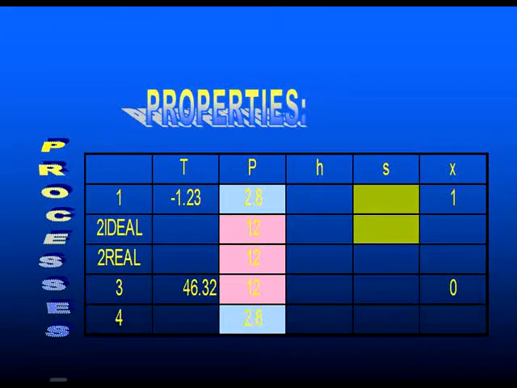I put together some properties based on this data. Here we have our pressures: low side pressure 2.8, high side pressure 12 bar. I've set up a property process table where the quality leaving the evaporator is 1, all the way evaporated, and 0 leaving the condenser, all the way condensed.